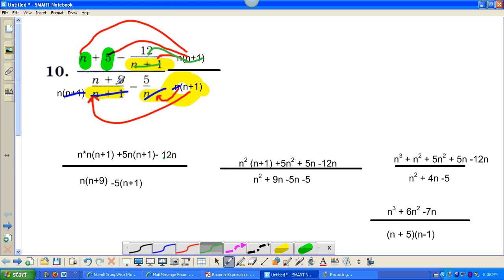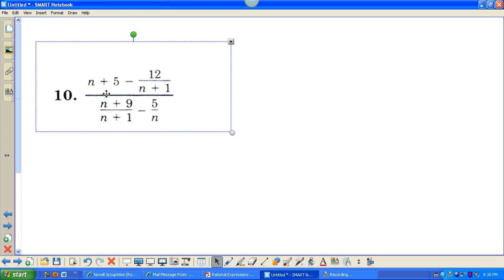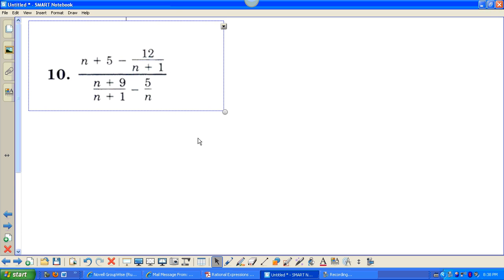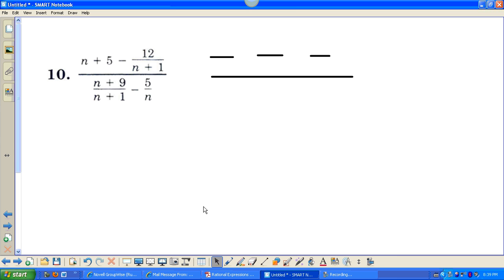Another way that you could do the same problem, let's pull up a new page, is if you wanted to get a common denominator in the main numerator and a common denominator in the main denominator. So here we go, because I don't know if that made sense. It's getting late. Okay, so what I could do is I could make all of this.